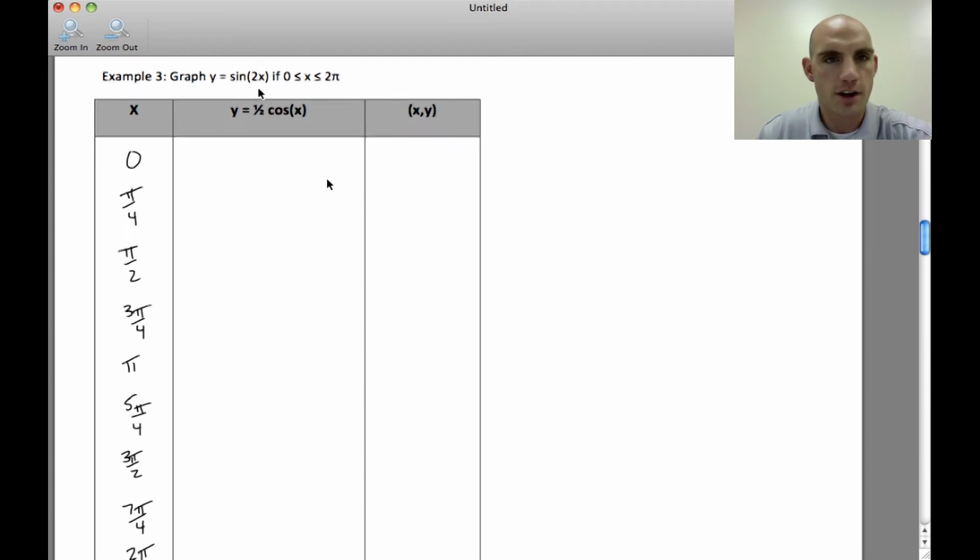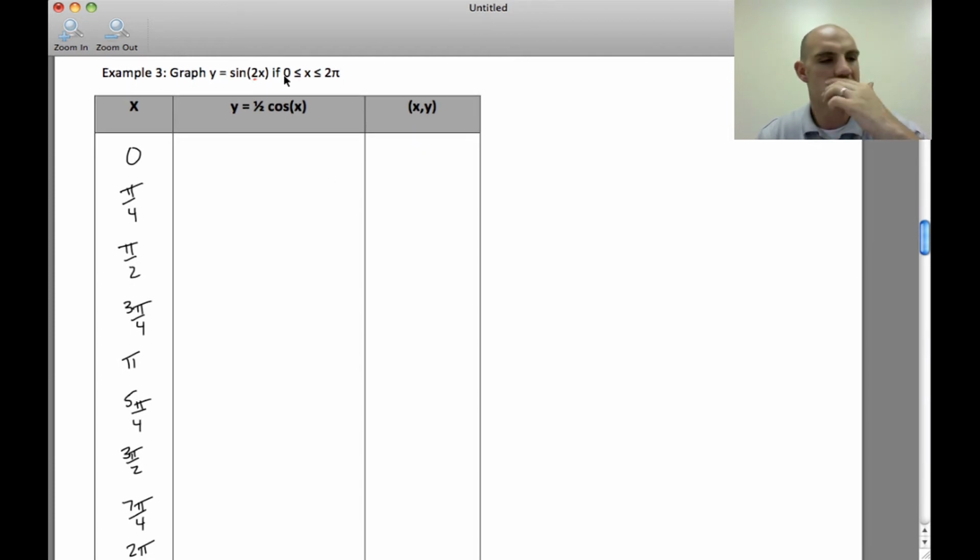Here, the 2, the coefficient, is inside of the parentheses, so we're going to look at how that affects our overall goings on here.